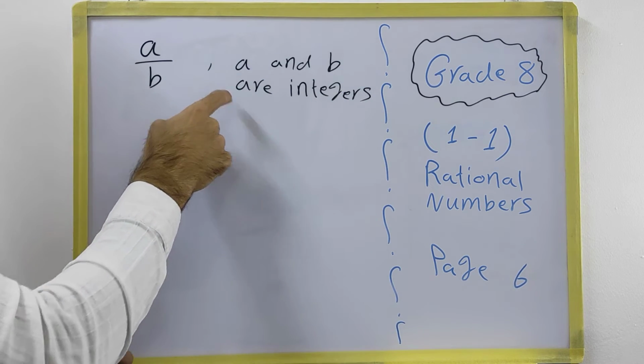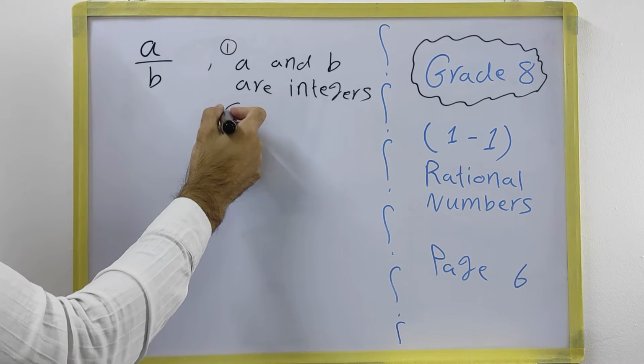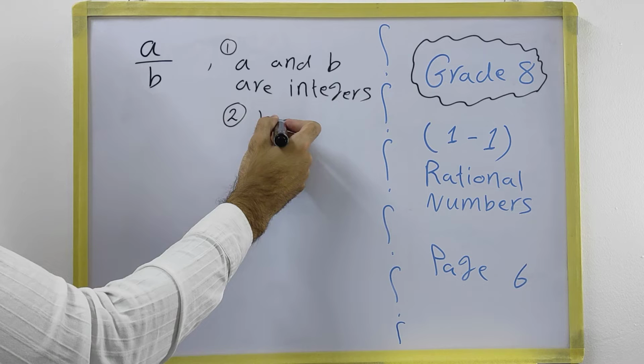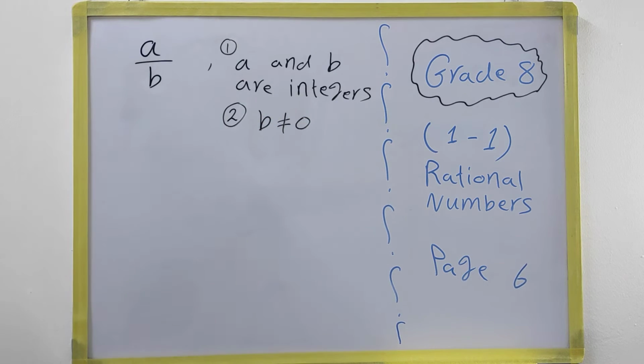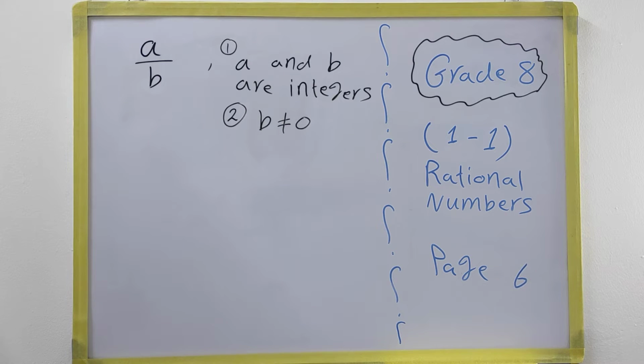This is the first one, and the second, b cannot be 0. Whenever we have a number we can write in the rational form like that as a fraction a over b, we see that a and b are integers and the denominator, the down part, is not 0, so you can say that this is a rational number.